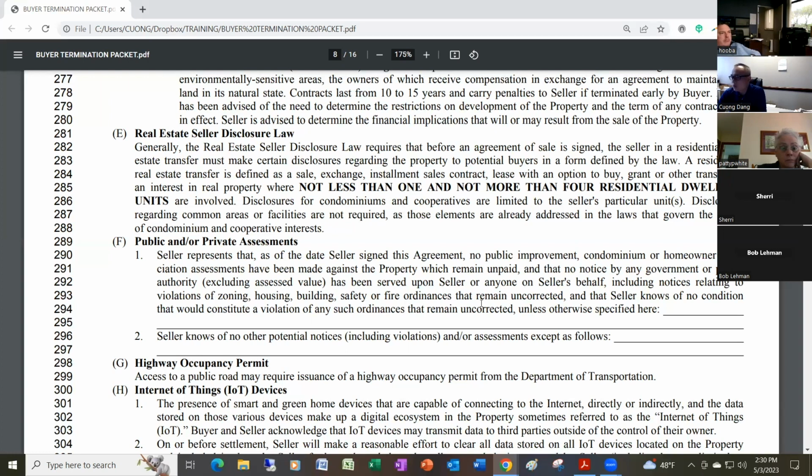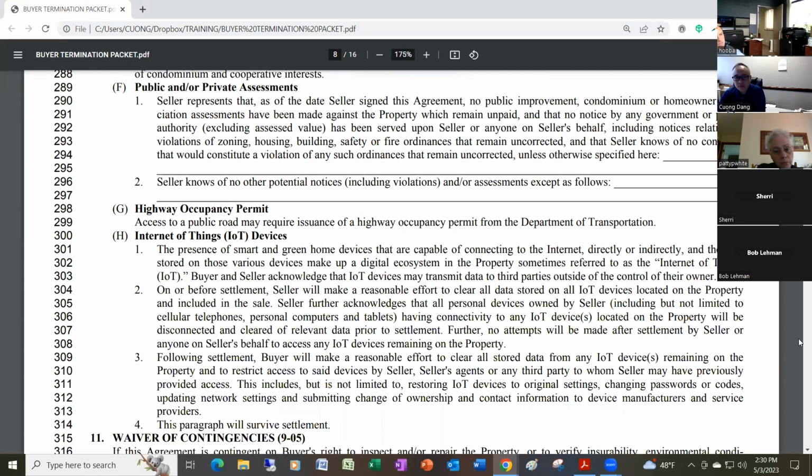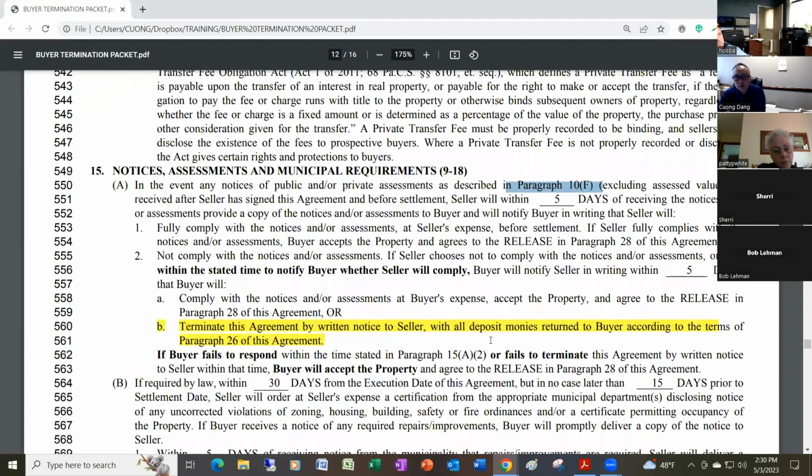So we had to let the buyer know. And if the seller wasn't willing to pay that at that time, the buyer could back out. Okay. In our case, the seller did opt to pay for it. So that's what this is all alluding back to, that paragraph. Okay. The next one.